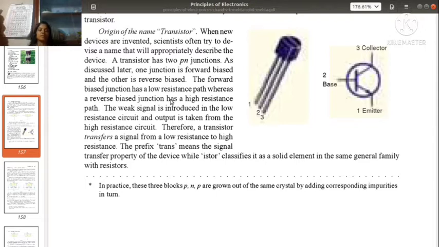So the signal is introduced in the low resistance circuit and the output is taken from the high resistance circuit. The signal transfers from the low resistance to the high resistance region. Hence the prefix trans means the signal transfer property of the device, while resistor classifies it as a solid element in the same general family as resistors.